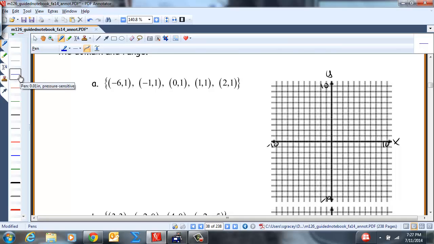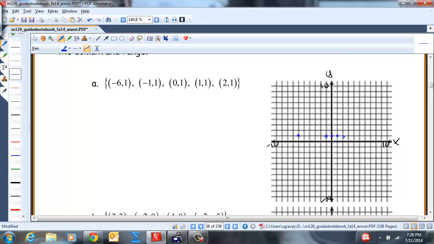So let's plot these. We have negative 6, 1. So 1, 2, 3, 4, 5, 6, and then 1. And we have negative 1, 1, 0, 1, 1, 1, and 2, 1.